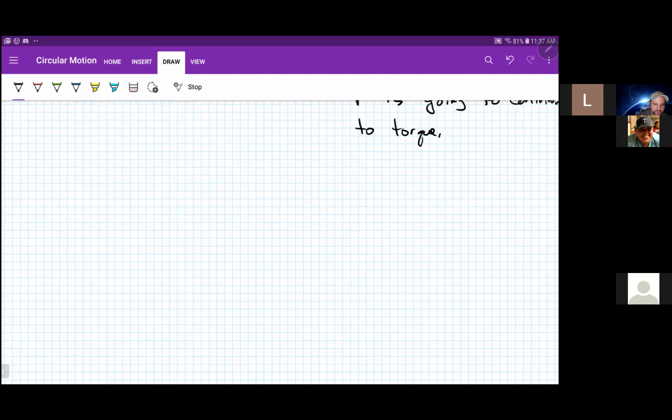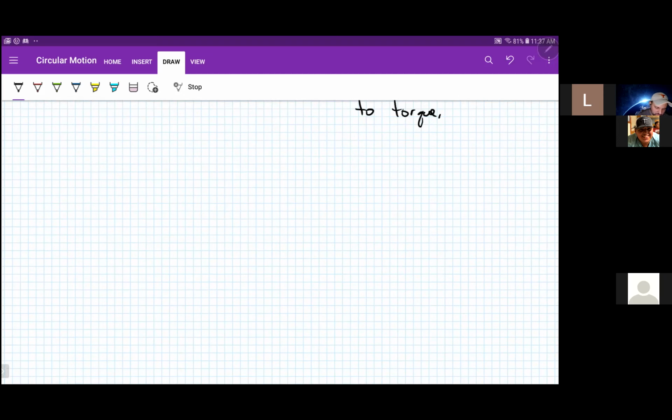All right, and we do have a secondary definition of torque that we're going to talk about real quick. And it comes to the same thing though, all right?